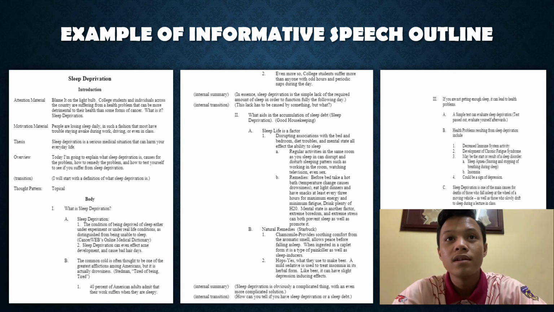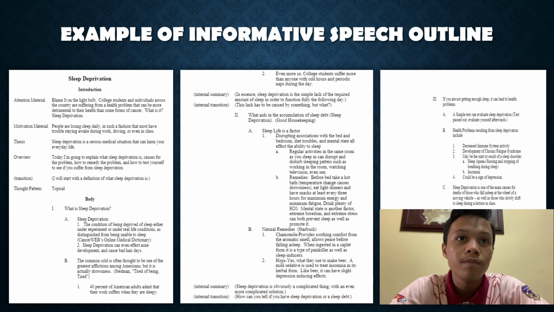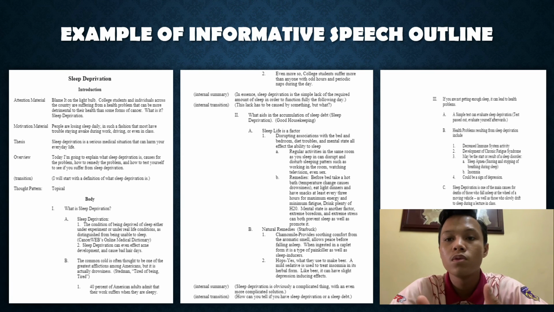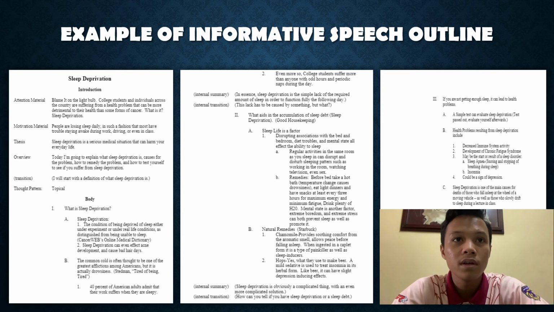Okay, this is the example of informative speech outline. Okay, as you can see, like I said before, on the introduction you need the attention material, the motivation material to audience, the thesis, the overview about the topic, the transition to the main point.